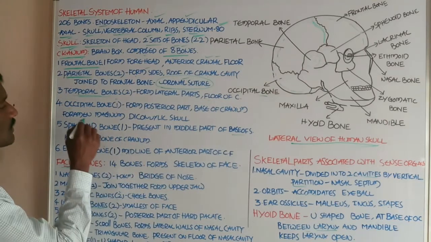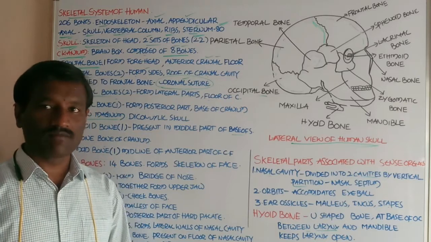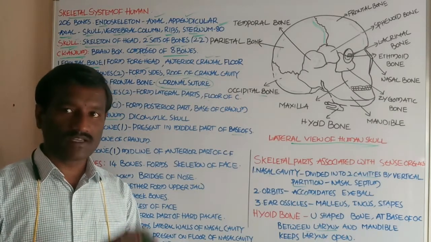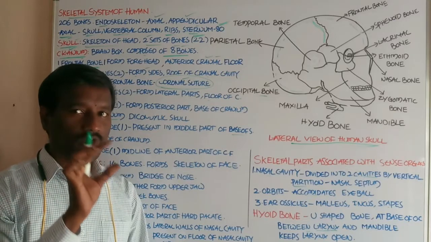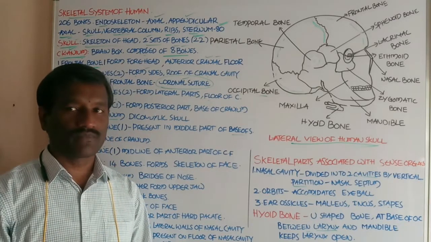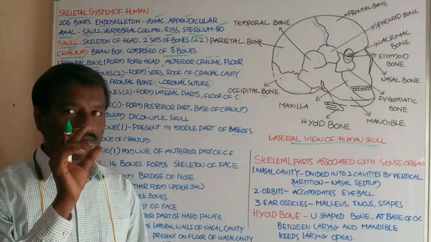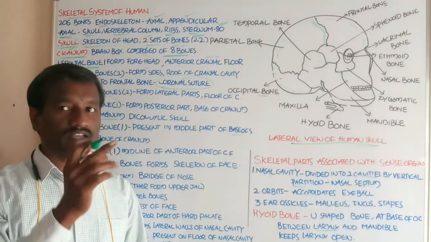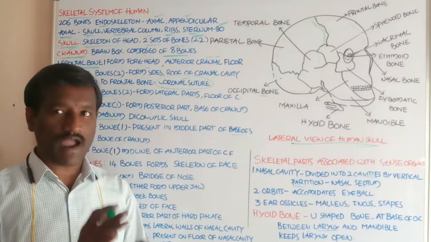And what about the foramen magnum? The foramen magnum is an aperture, a pore present at the base of the cranium. Okay, student. This aperture at the base of the cranium is called the foramen magnum.